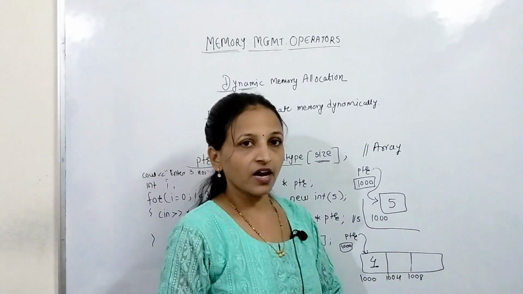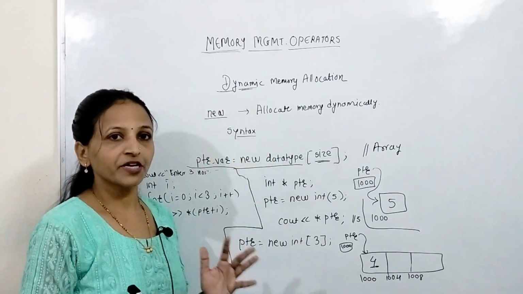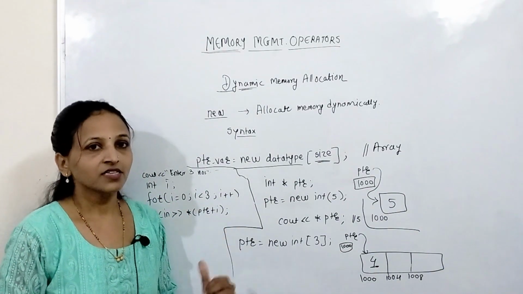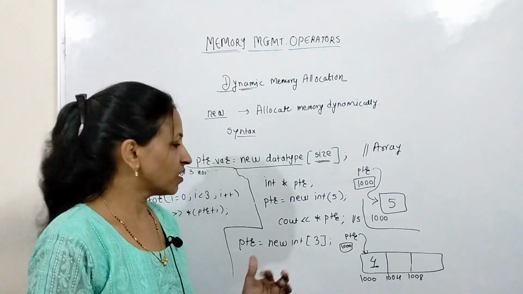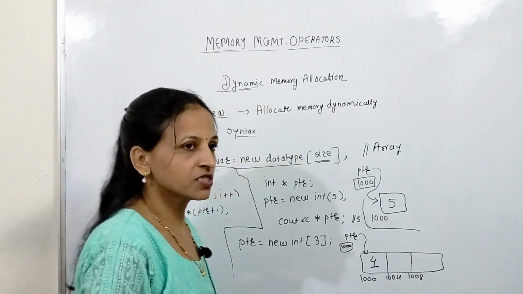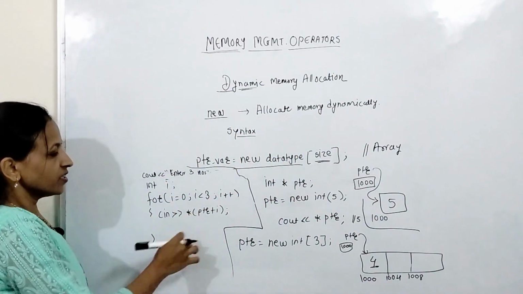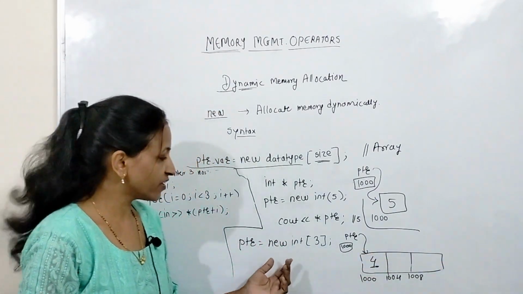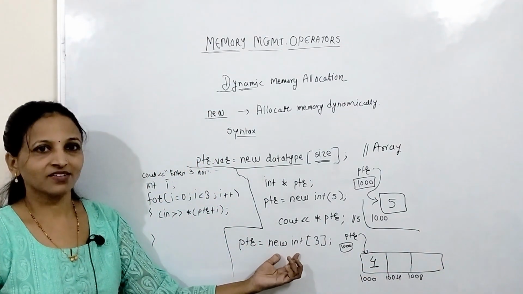I have explained everything about pointer arithmetic in C programming. If you want to learn about that, then just go through the link I am giving in the description box. Okay, in this way you can store values in this block allocated dynamically by the new operator.